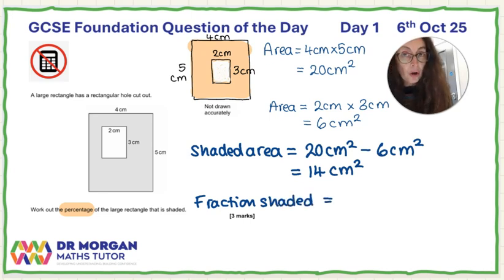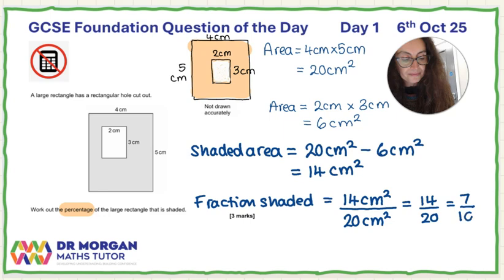The fraction of the large rectangle that is shaded is the shaded area as a fraction of the large rectangle, which is 20 centimetres squared, which is just 14 over 20, or 7/10.